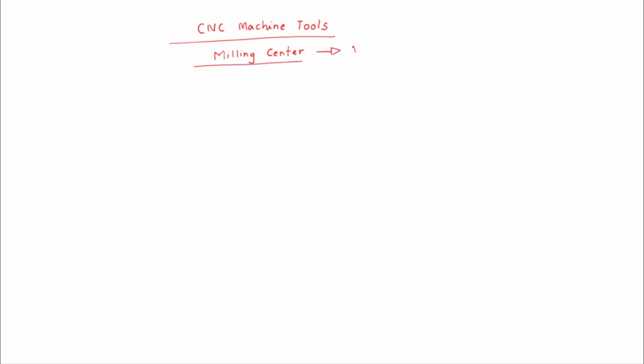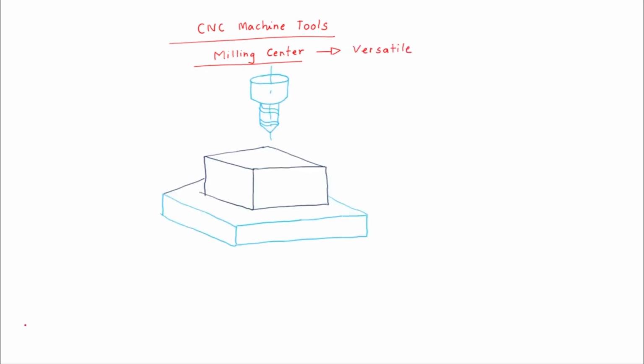Milling operation is very versatile, very useful in the tool rooms. The CNC milling operation, as we have already seen, is used to machine various features such as slots, pockets, drill holes. The CNC milling operation can also be used to generate complex features.